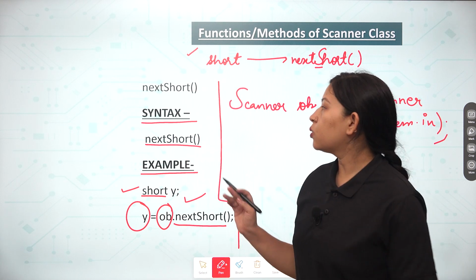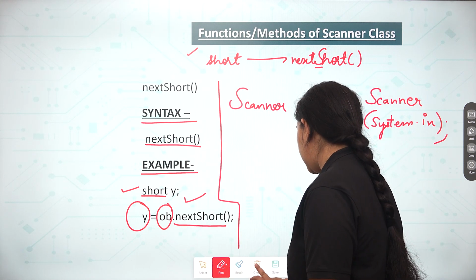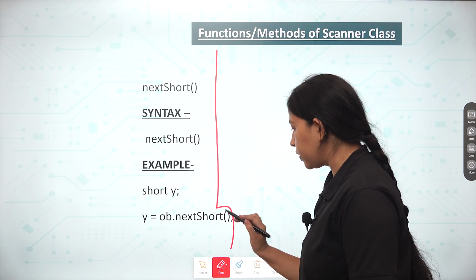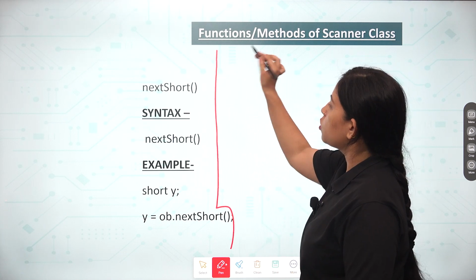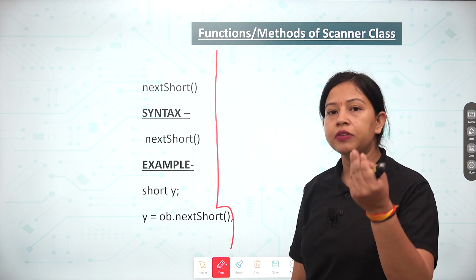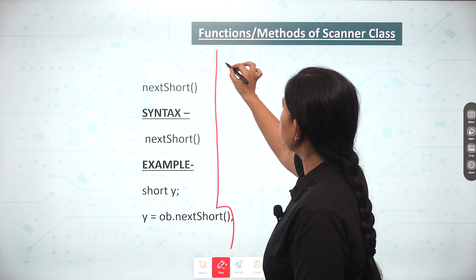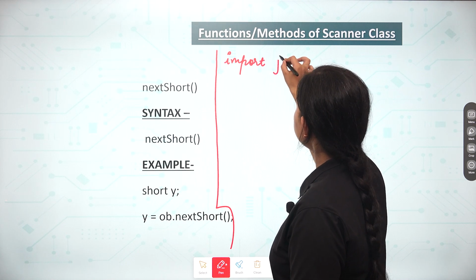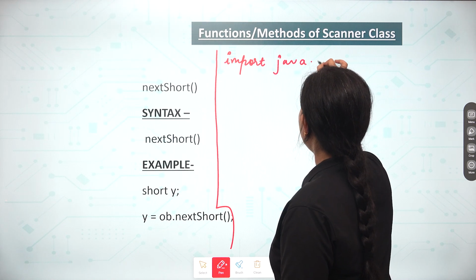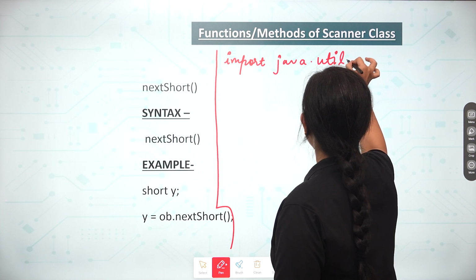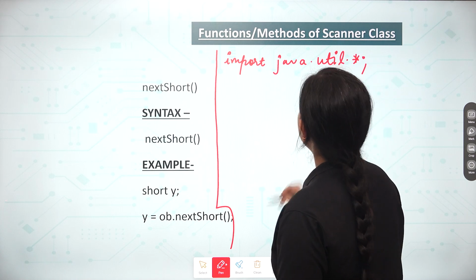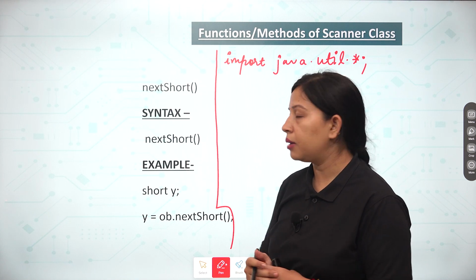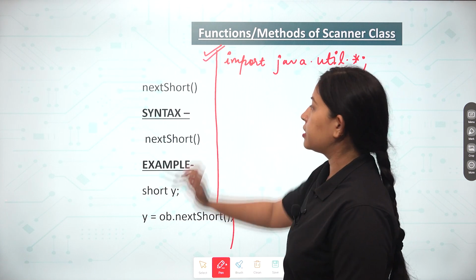Alright. Although you may find a little difficulty to understand this concept, I'll make a simple program over here. Suppose we are taking a number from the user. So what we simply do is create with import java.util.*. Please remember, whenever you are using a user defined program, you must use the package.